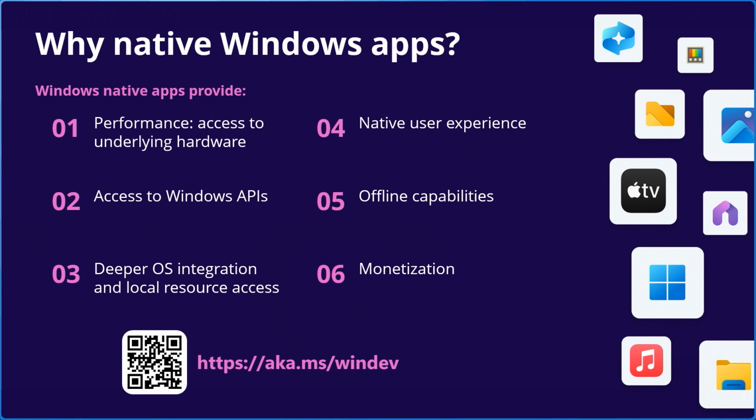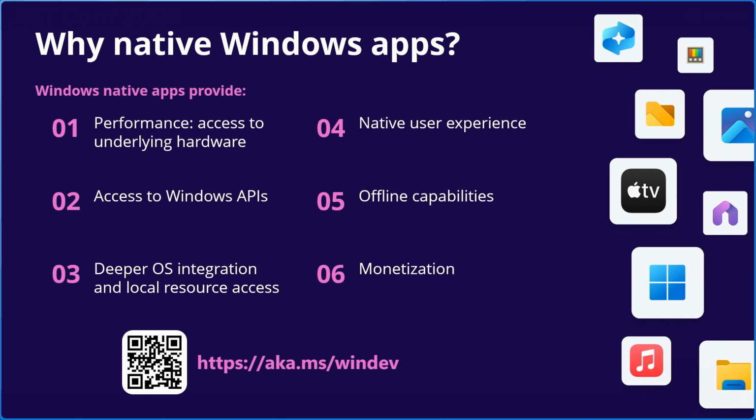You might want deeper integration with Windows, or you're looking to get that Windows look and feel and integrate within that great user experience. You might be looking to add rich offline capabilities to your application, or to integrate with APIs from the Microsoft Store and get monetization for your app. There are a lot of different reasons you might want to build a Windows native app, and it might be some or all of these.